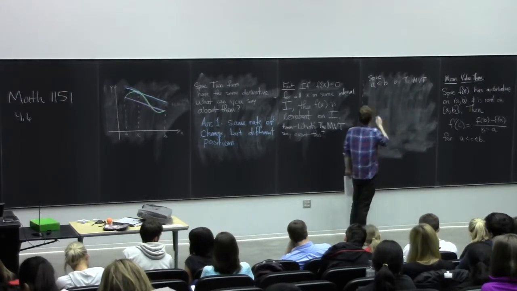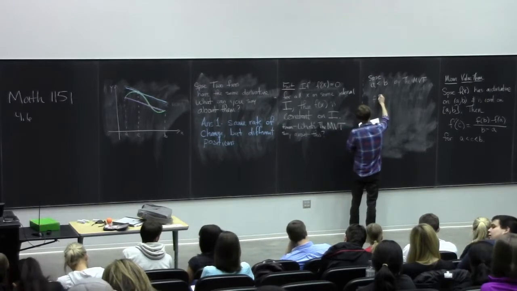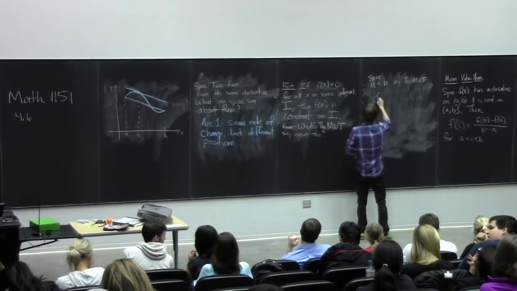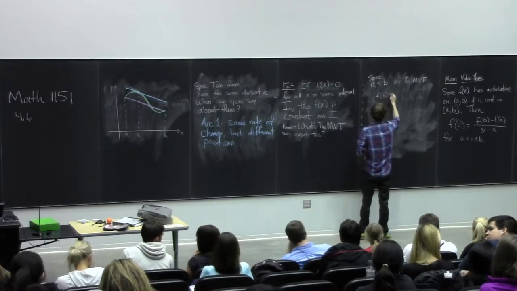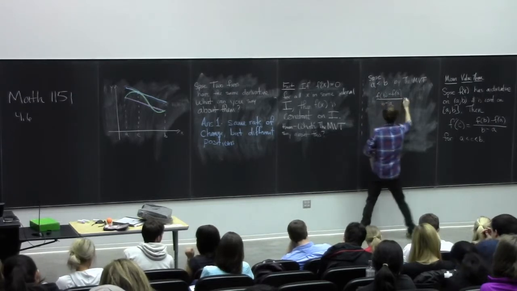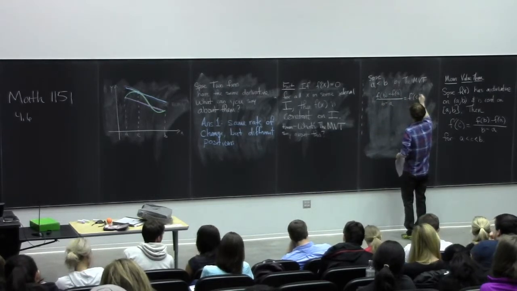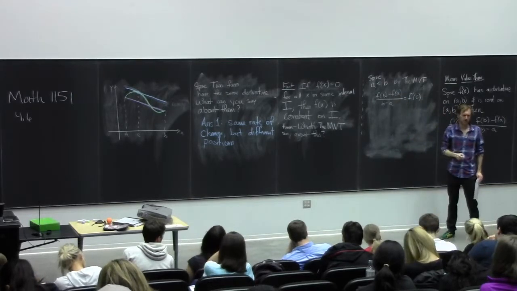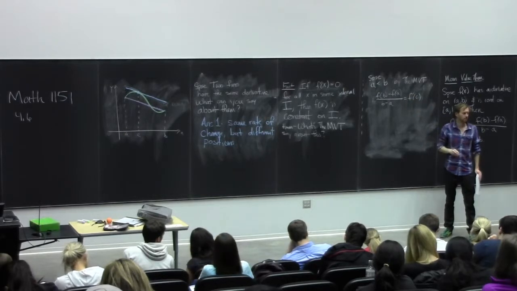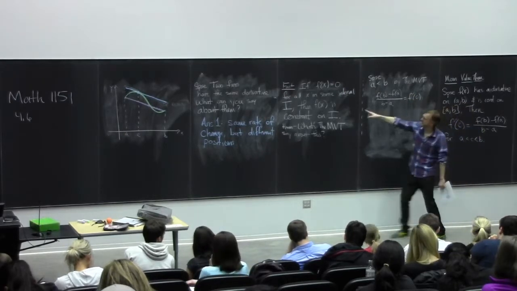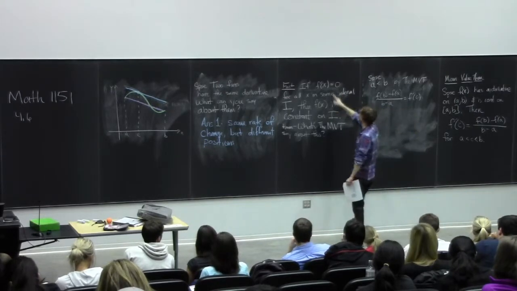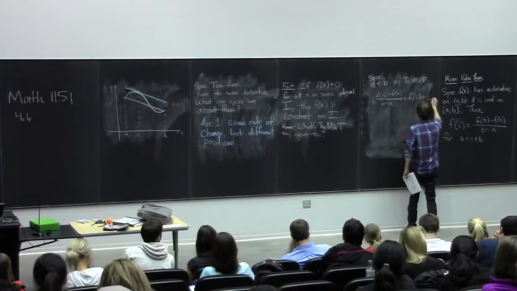Well, we have that f of b minus f of a over b minus a is equal to f prime of c for some c in between these, right? And what do you know about f prime of c for all c on that interval? It's 0. It says it right there. Equals 0.